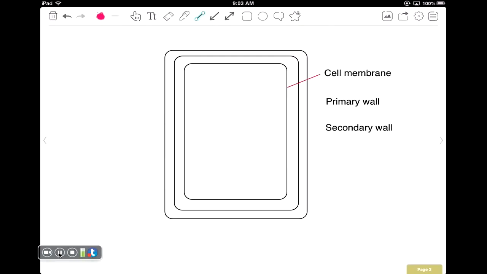And so all plant cells, at some point, will produce what we call the primary cell wall. So the primary cell wall, I'm going to just label right there. It says outermost layer. So again, all plants produce primary cell wall. But then many plant cells, at some later point in time, will produce a secondary cell wall. And that will be located toward the interior of the primary wall itself.